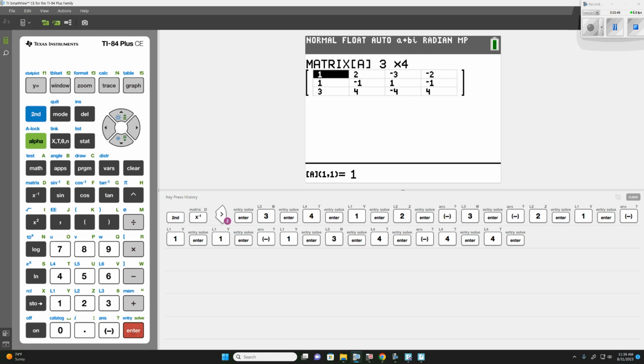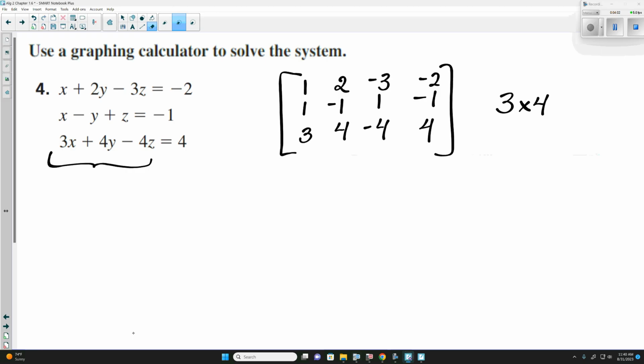Any questions on how we type this in? So we understand how to make this? Questions on going from here to here?